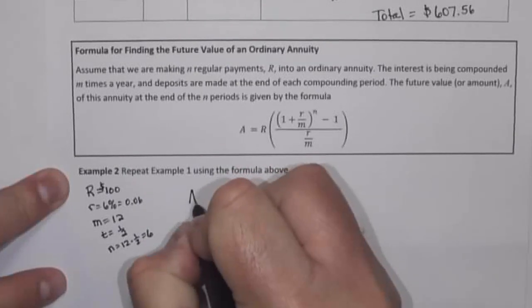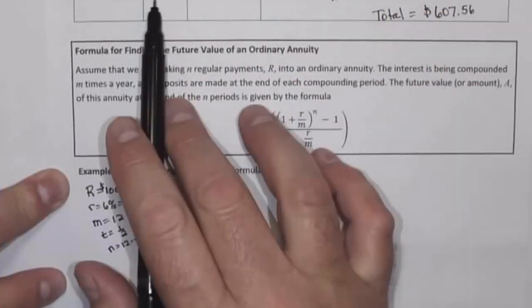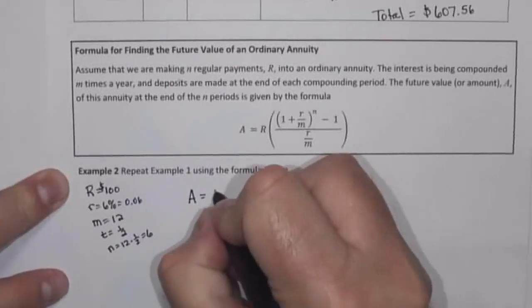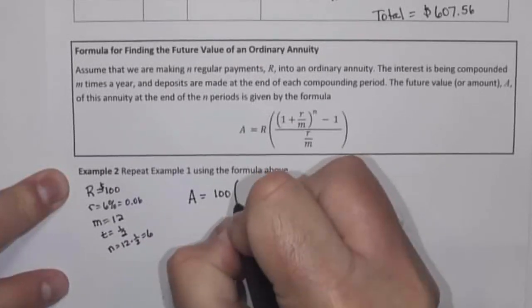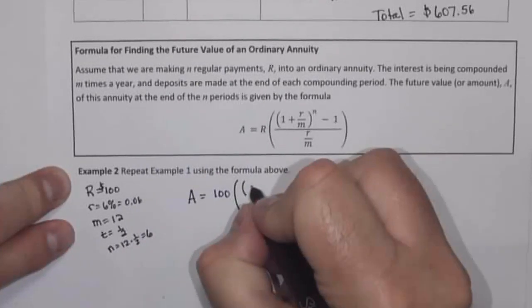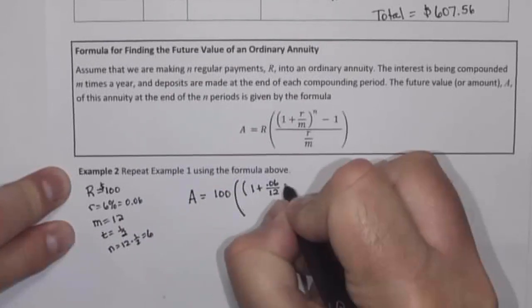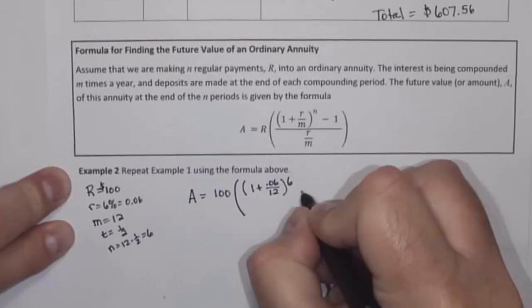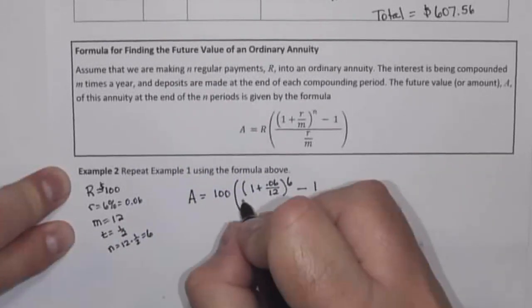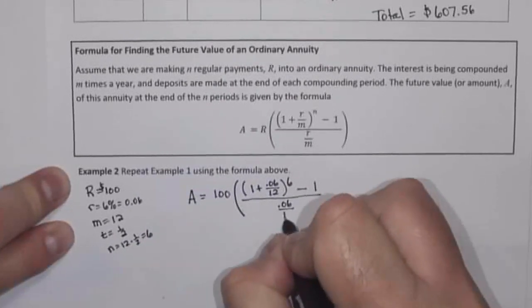So the future value after the 6-month time period, at the beginning of July, is going to be $100 times, in parentheses, 1 plus 0.06 divided by 12, raised to the 6th power, minus 1, and that's over 0.06 divided by 12.